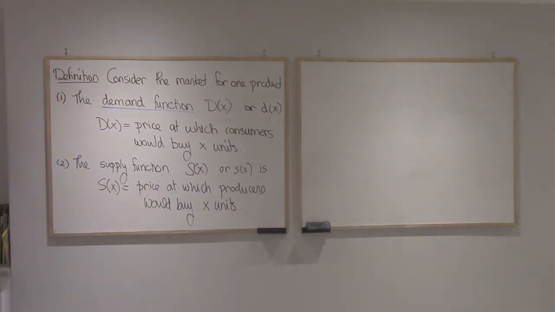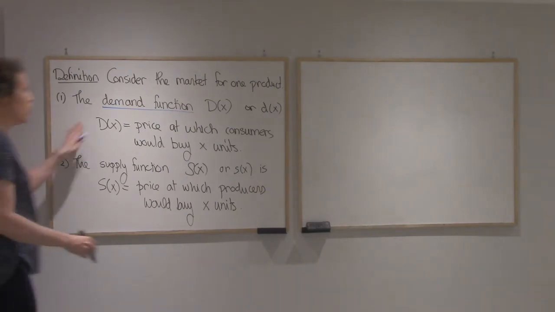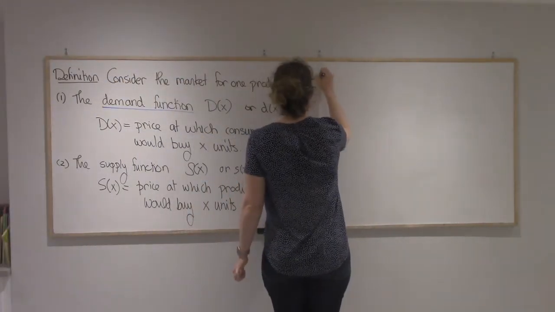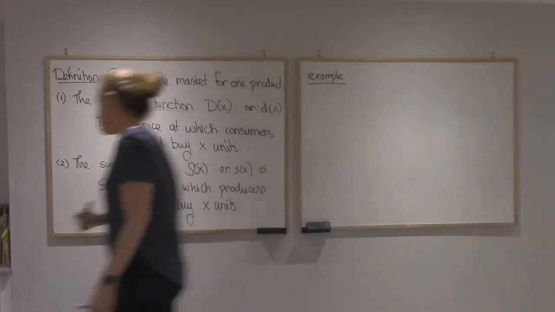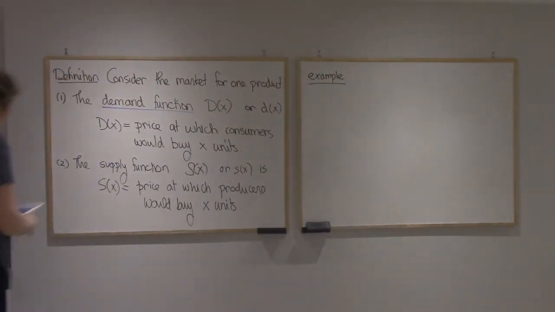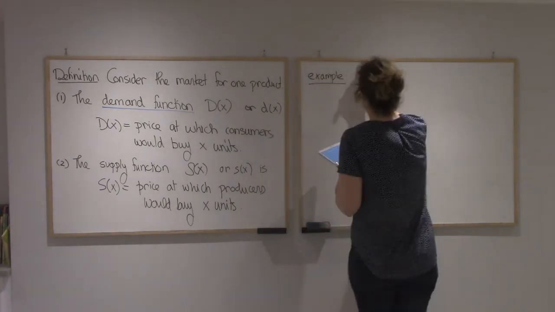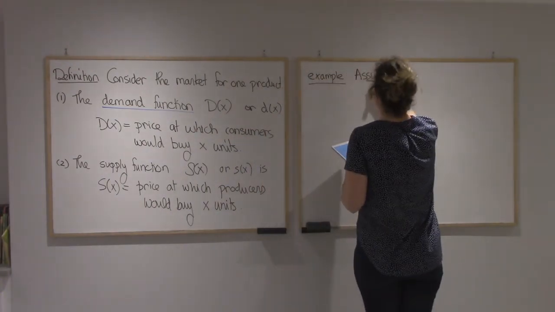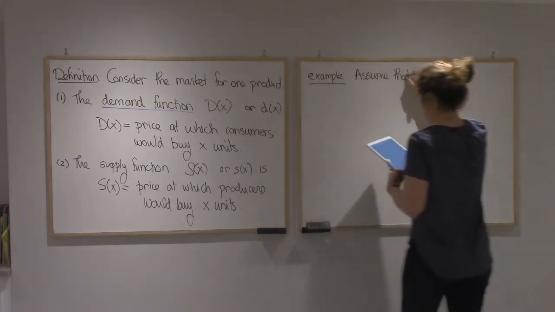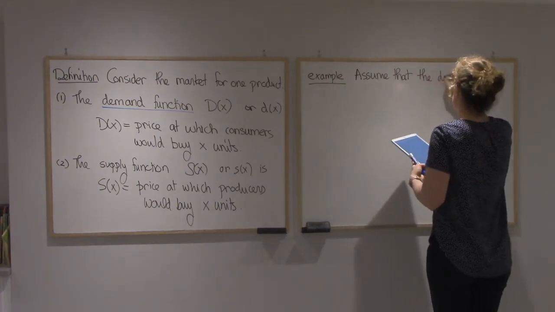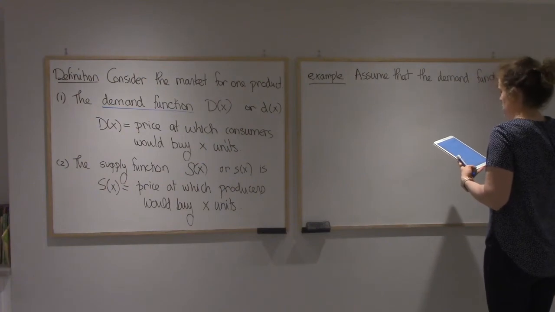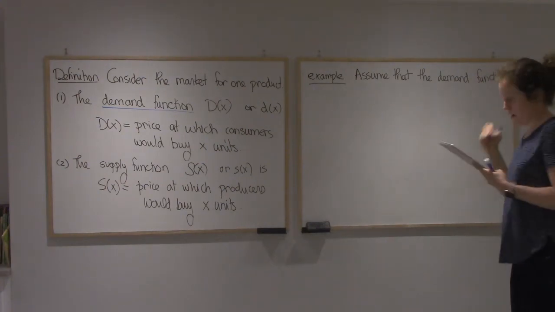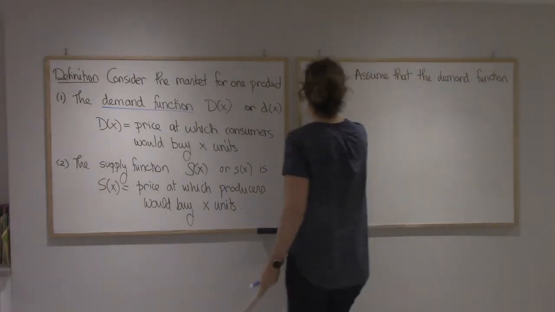So let's do an example to make sure everything is clear. Let me look at an example only of D of x. We'll do one with both in a second. But let's say I want to look at a new phone.